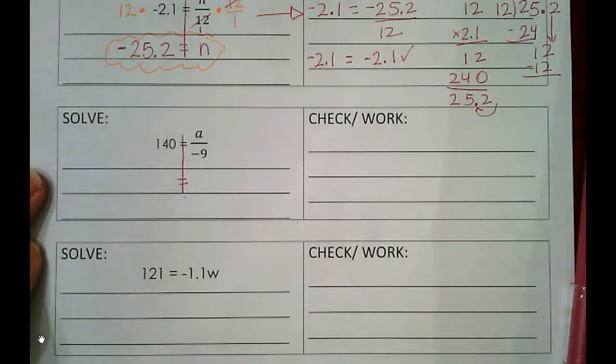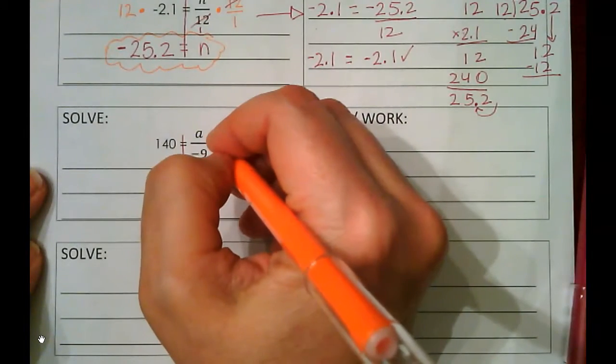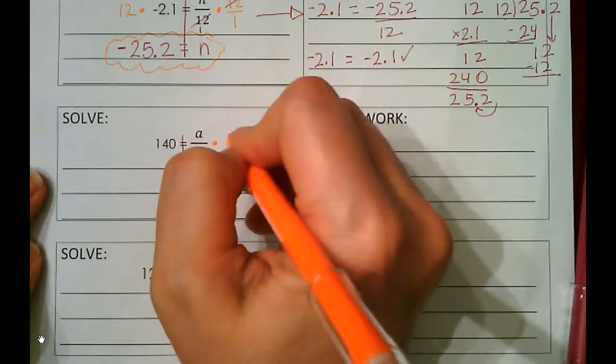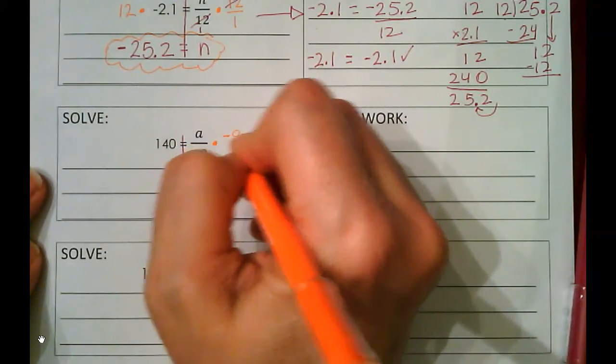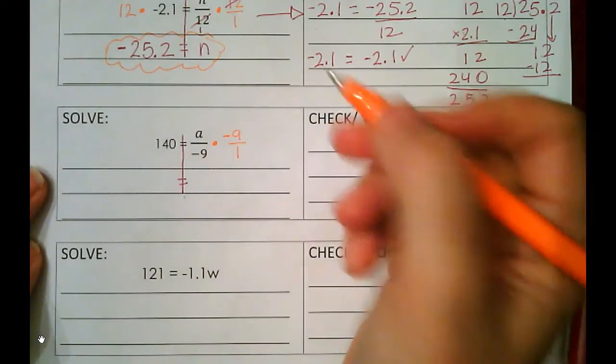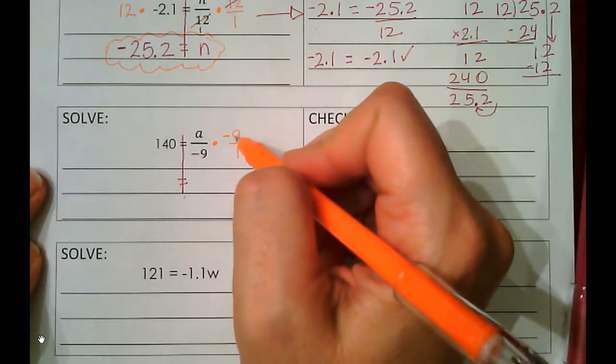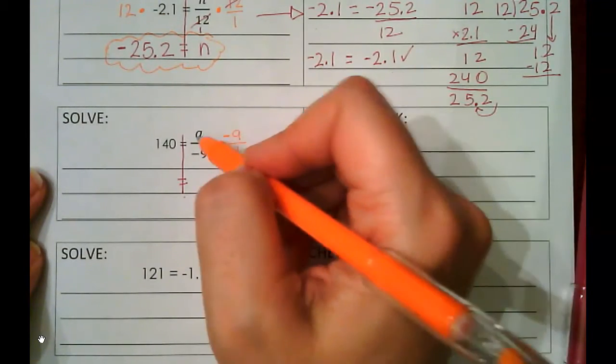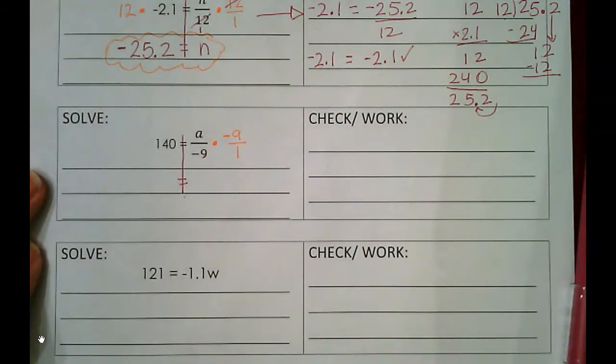It is being divided by a negative 9, so we're going to multiply by exactly that number, negative 9. If you don't multiply by the negative, then you'll end up having a negative variable, and you don't want a negative variable. It will make you have to do another step at the end, so you might as well take care of that in the beginning.